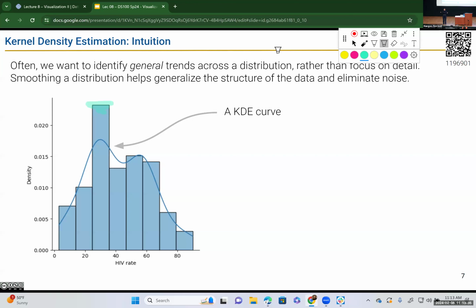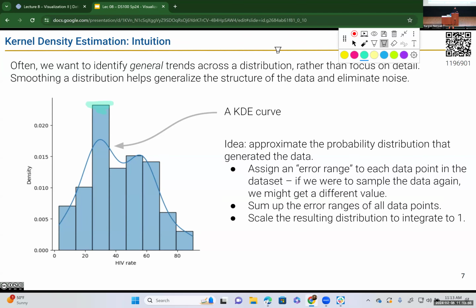And what is that technique? Think about having a histogram, and you're basically throwing a string on top, and this string is going to take the shape of this entire histogram, but without depending on a lot of those details that you see in all of those bars in the histogram. How do we do this? We are going to use a probabilistic approach in this case.